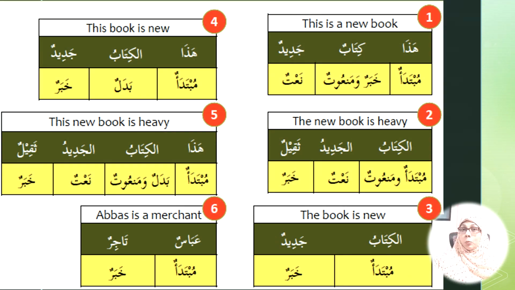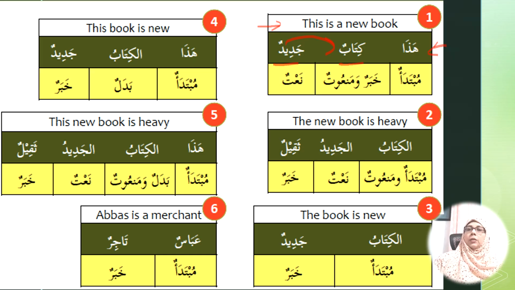So let's do a few more sentences just so that you understand when it's a subject predicate and when it's an adjective. So in the first sentence, هذا كتاب جديد. It means this is a new book, where هذا is the mubtada and kitabun is the khabar and jadidun is the adjective describing the book, right?